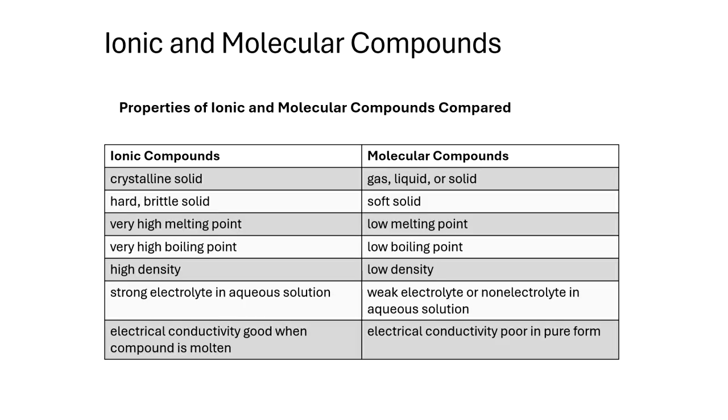Their melting points are lower relative to ionic compounds for the same molar mass, and they tend to have low boiling points. Their densities are a bit lower. So for example, oil floats on water. They tend to be low density compounds. And when you dissolve molecular or covalent compounds in water, they form non-electrolytes. They're not electrical conductors in their pure form.